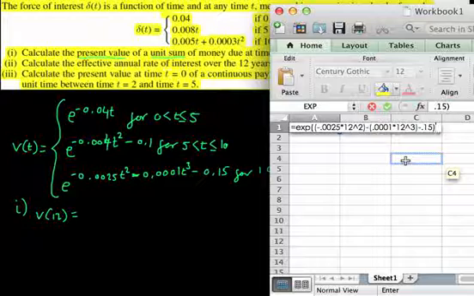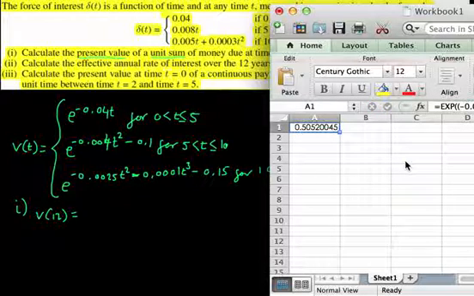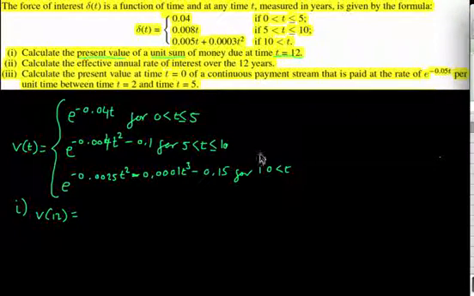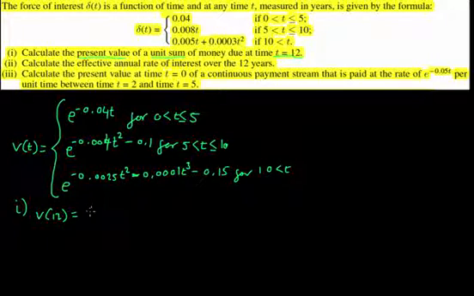That gives us v of 12, which is 0.5052. I'll just note that down.